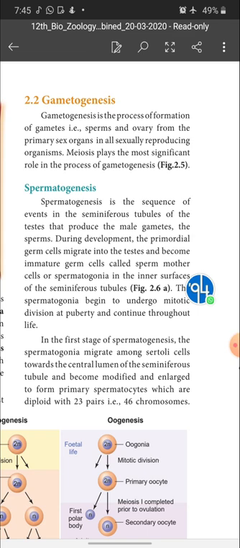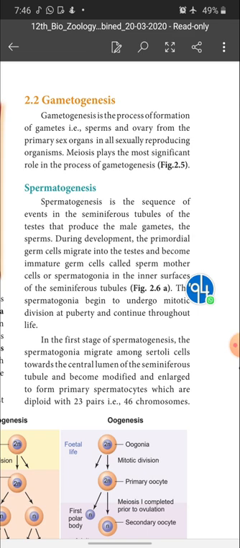And how are the gametes formed in the male and female reproductive system? You know, children, in our body there are two types of cells. One is somatic cells, another is sex cells. The somatic cells are diploid in nature, that is, the chromosomes are in two sets.